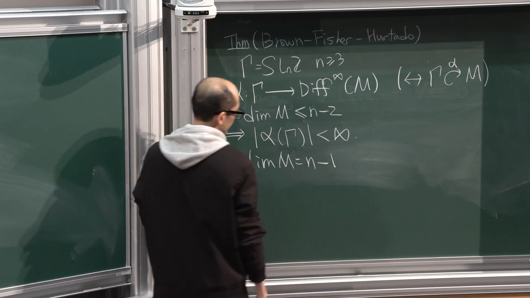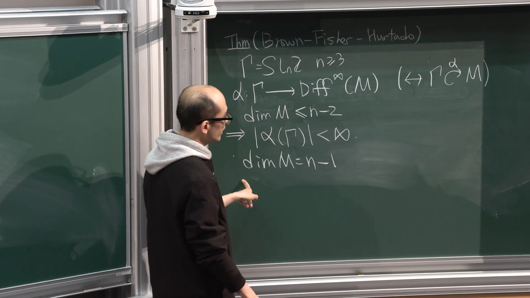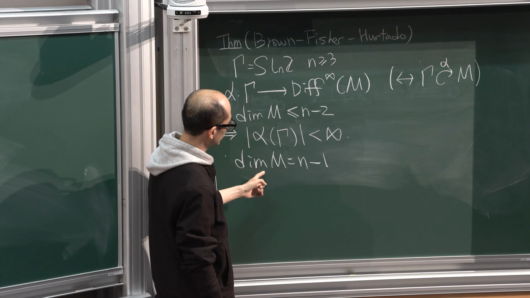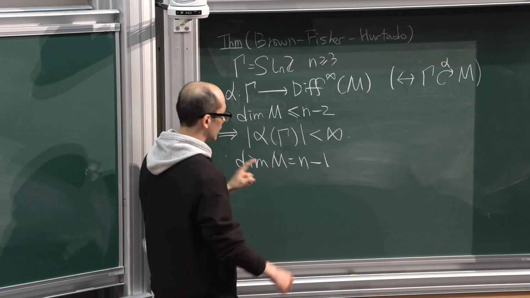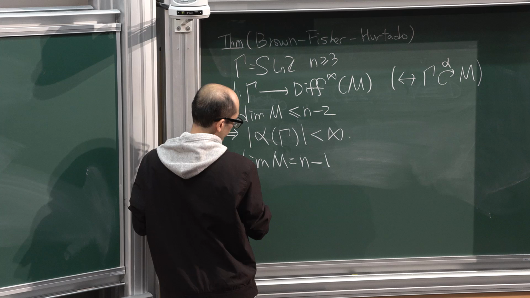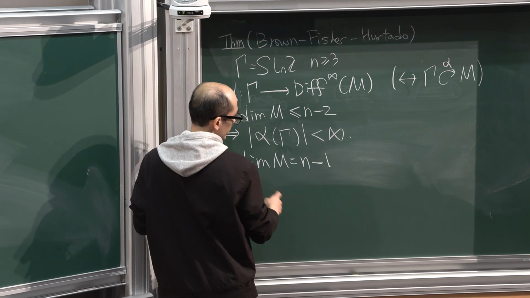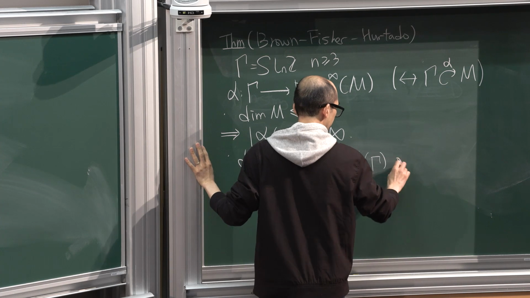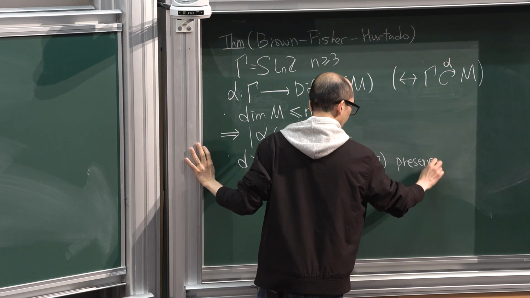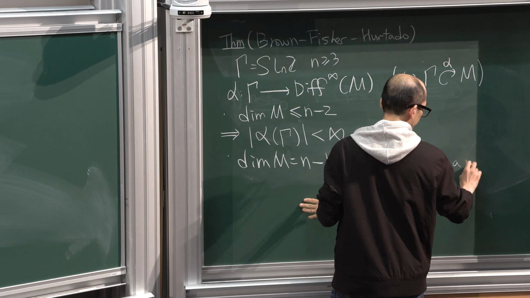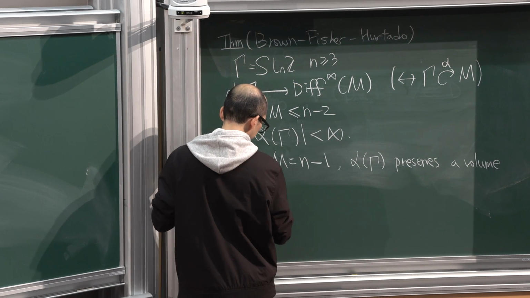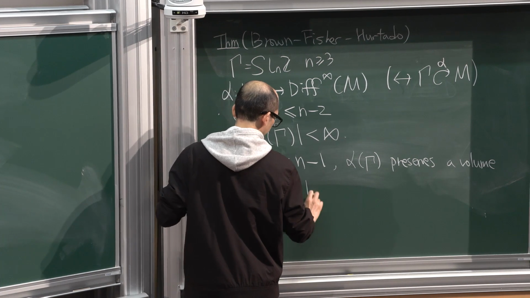Maybe you can ask about the dimension n minus 1 case, but here you actually have an example of a non-trivial group action of SL_n Z on an n minus 1 dimensional manifold. I will write it down very soon. But if your manifold has dimension n minus 1 and you assume that alpha of gamma preserves a volume, then you can get the same thing.